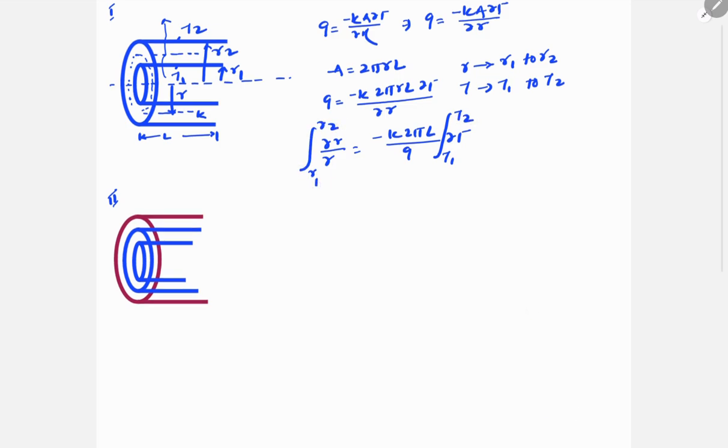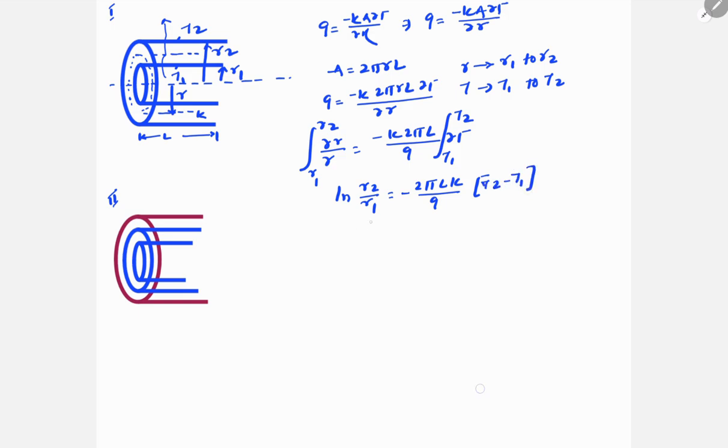So after integrating, we'll get ln R2 by R1 is equal to minus 2 pi L K by Q into T2 minus T1.